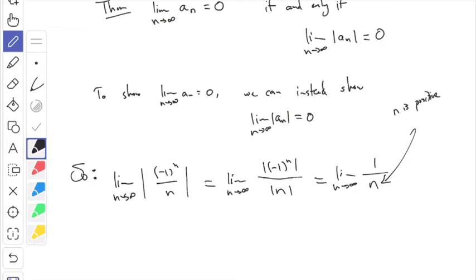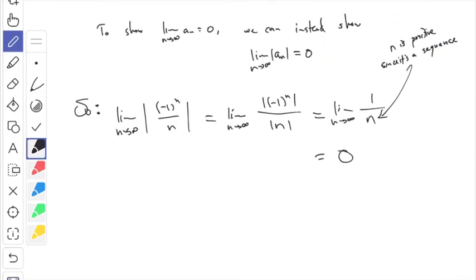I was just going to write in here, since it's a sequence, right? We are not talking about a function. We're talking about a sequence. Okay, anyway, what is lim n goes to infinity 1 over n? That's just 0, all right? And so we showed that the absolute value goes to 0 in the limit, which means the original sequence goes to 0.